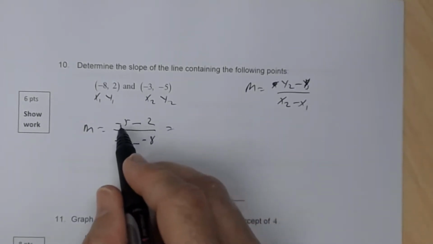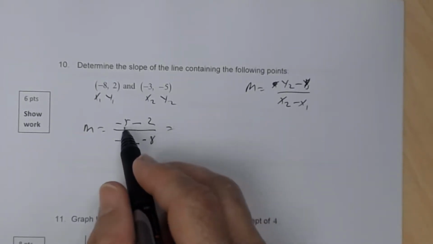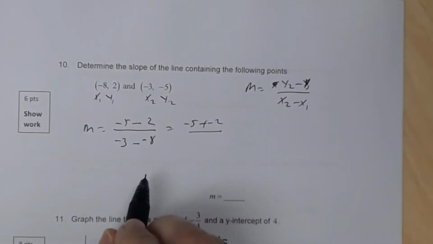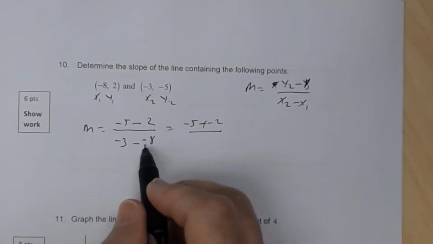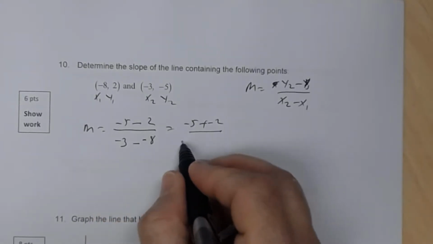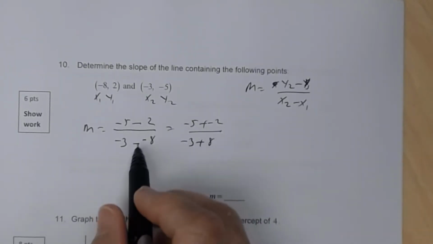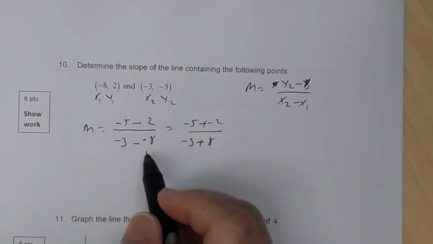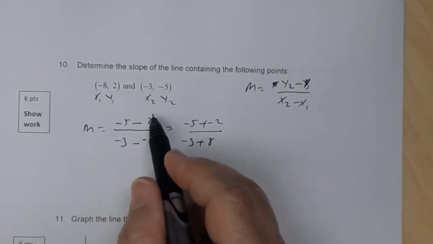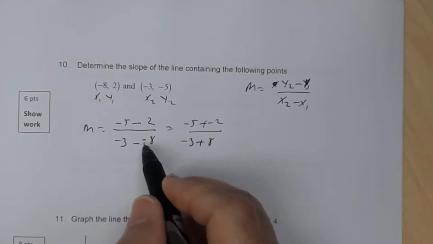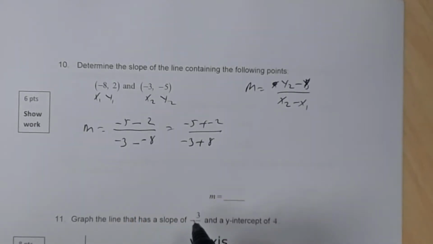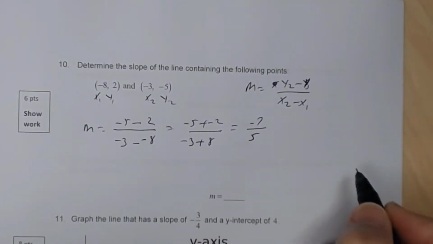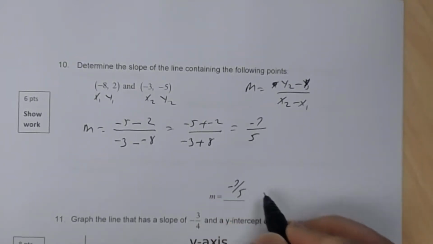So the numerator, negative 5 subtract negative 2 means negative 5 plus negative 2. The denominator, negative 3 subtract negative 8 means negative 3 plus 8. Remember, you always change subtraction to addition and take the opposite, so you add the opposite. So the opposite of positive 2 is negative 2. The opposite of negative 8 is positive 8. And so this becomes negative 7 divided by 5. So as your slope, negative 7/5.